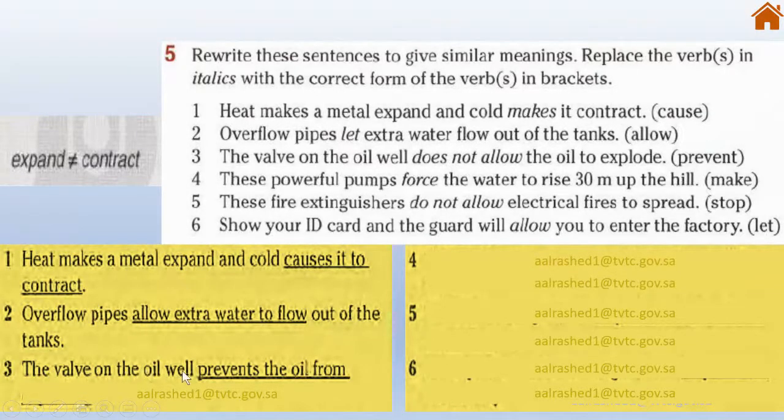The valve on the oil well prevents oil from exploding. We needed to change all this phrase, "does not allow" all of them. We delete the "to" and replace it with "from", and add "ing" to the verb.